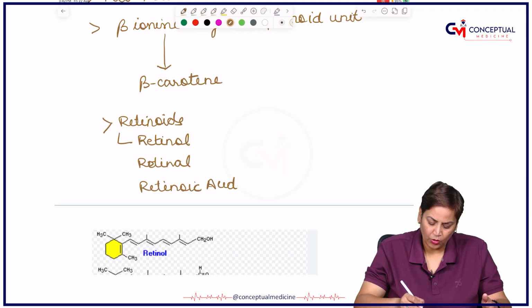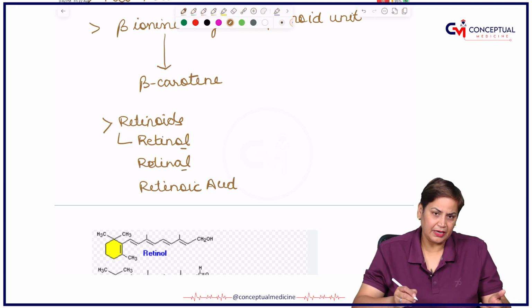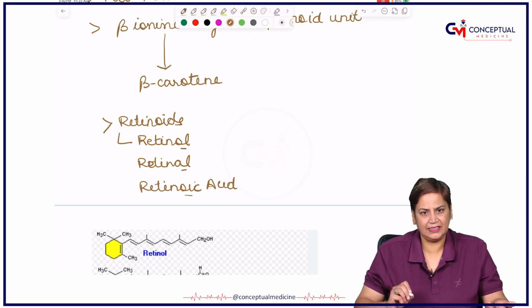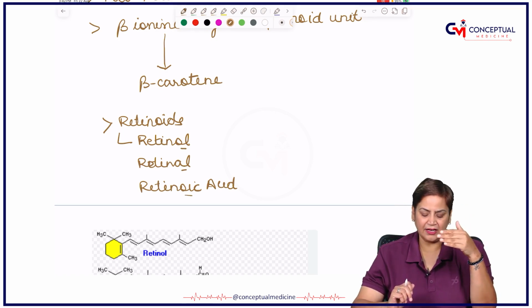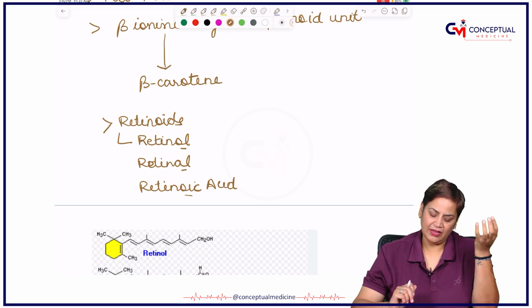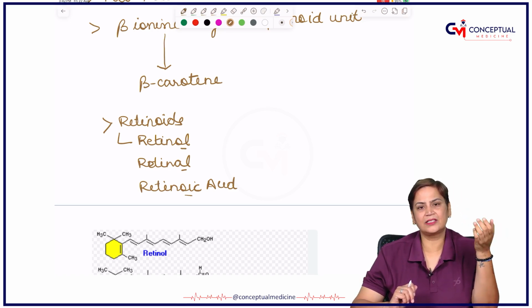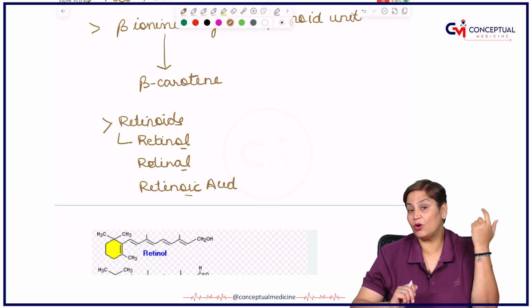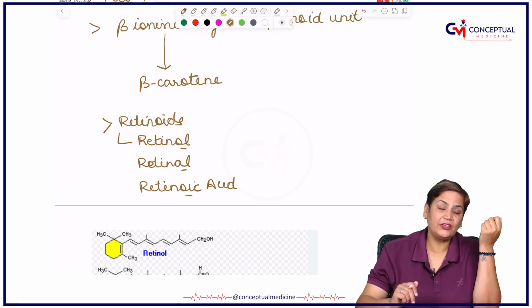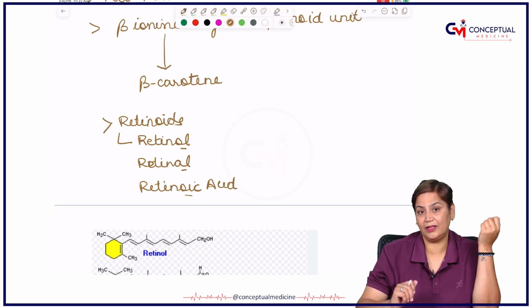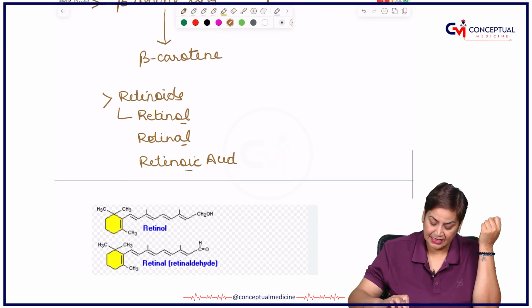Retinol: ol means alcohol, al means aldehyde, oic means acid. So you can see that all the three forms are related with each other. Whenever we oxidize an alcohol, it is converted into an aldehyde. Whenever we oxidize an aldehyde, it is converted into an acid. So these three forms are interconvertible with respect to one another, right? And this is the structure.